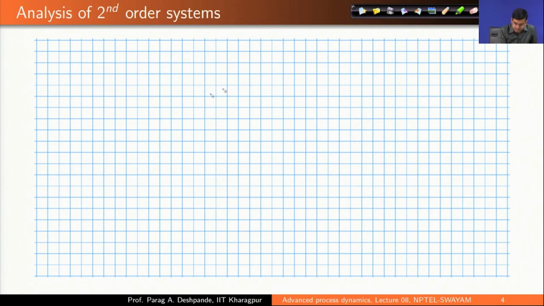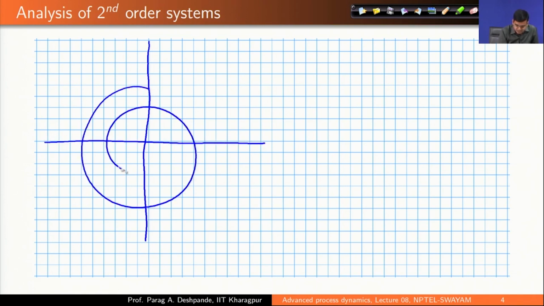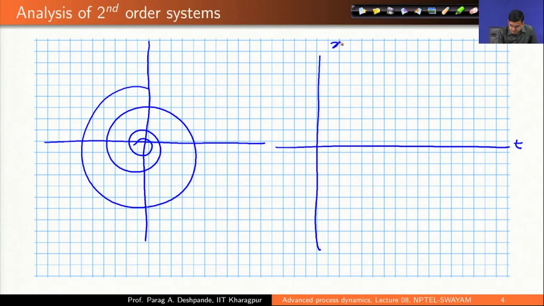And finally, when you have spiral source or spiral sink solutions, this is spiral sink for example, if I want to correspondingly draw t versus x 1, this is x 1 and x 2, at any given point of time my magnitude is decreasing. So, I have a behavior which is like this, where the amplitudes are decreasing.